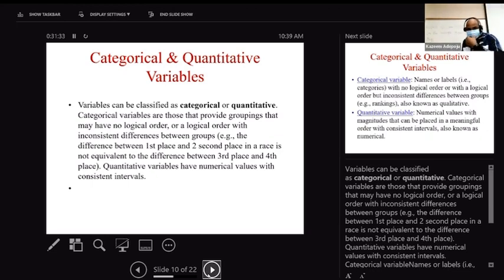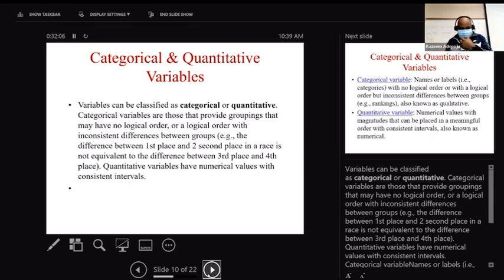Categorical variables are those that provide a grouping that may have no logical order, or a logical order with inconsistent differences between groups. For instance, the difference between the first place and the second place in a race is not equivalent to the difference between the third place and the fourth. They are not the same. But the fact remains that first place is different from second place. So it is categorical. That's what we mean.